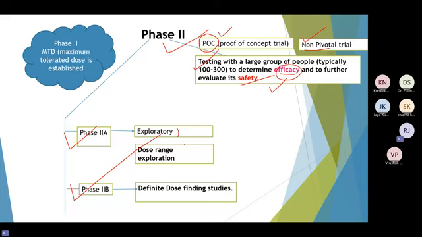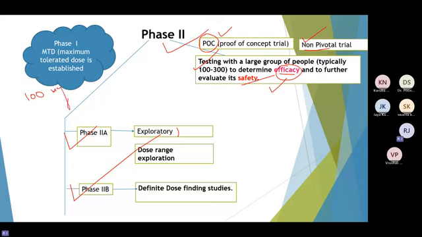For example, in phase 1, we have determined the maximum dose that a person can tolerate, right? For example, 100 mg is the dose of the drug which can be tolerated by any subject.